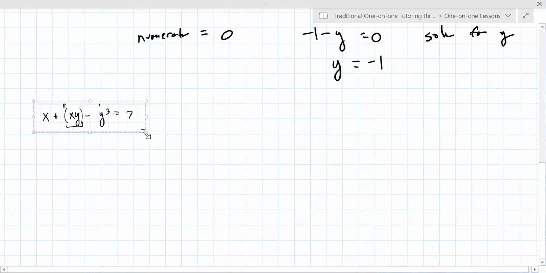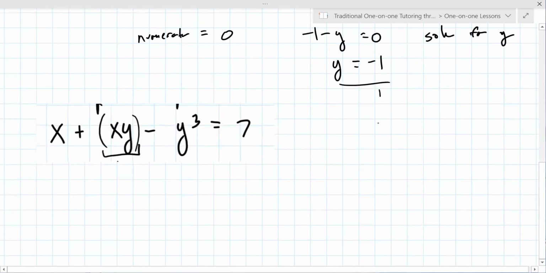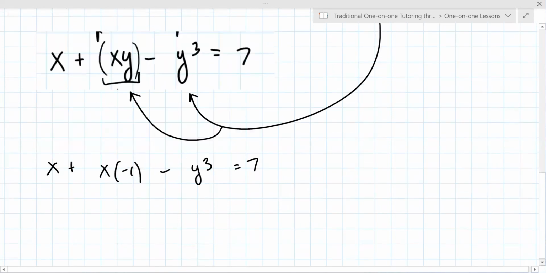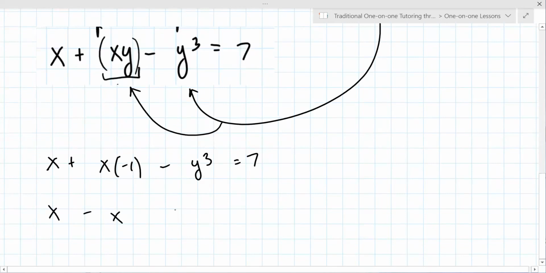You take this y value and you put it back in. This one's going to result in no solution, but that's just because I didn't look through this very carefully, because you get x minus x and then -1 cubed. But the most important point is to put y equals whatever back into the original.